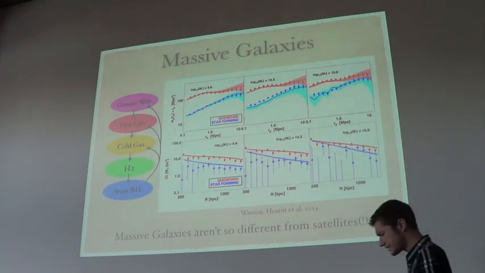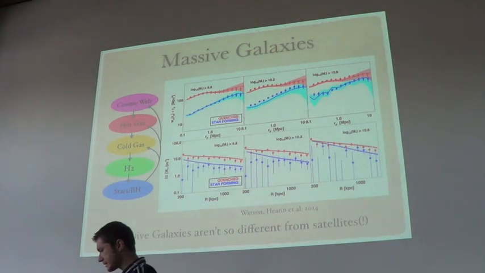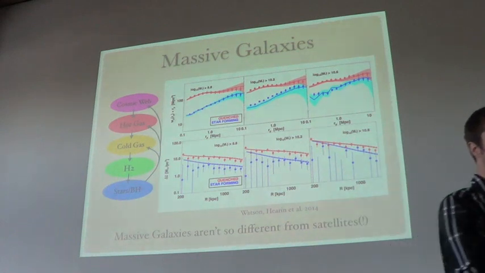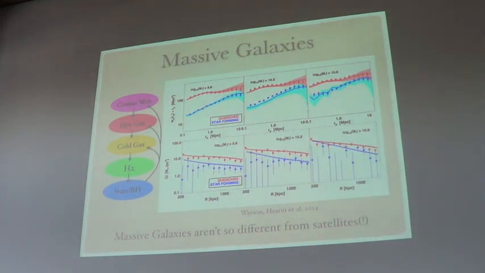And so this goes to say that maybe massive galaxies and satellite galaxies aren't so different, but more of a spectrum. So the halo mass, of course, is determining the strength of this feedback, but it's not to say that there's a very different way of quenching satellite galaxies from quenching massive galaxies.